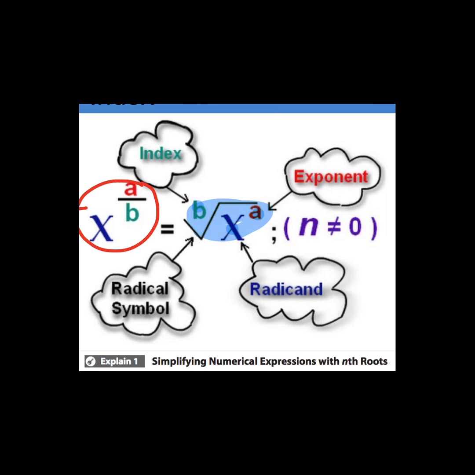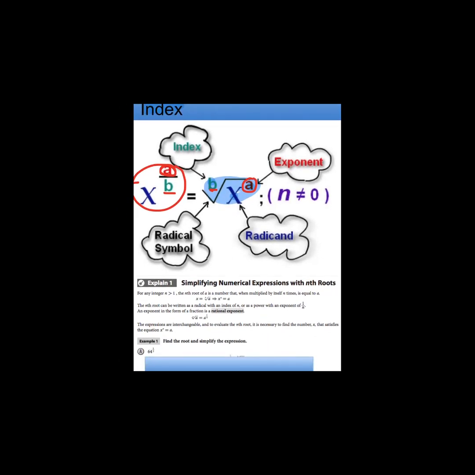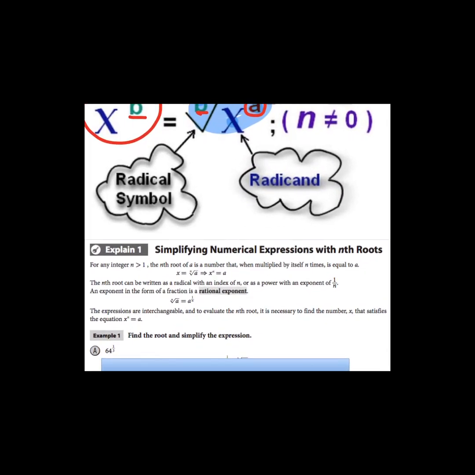So usually I ask the students to remember that what's on top stays on top. So the radical has a power here, the exponent is a, it will stay on top in the rational form. So what's on top stays on top. So that's how you know the index is going to go on the bottom. Okay, so that is a little bit on the exponent and the radical form.